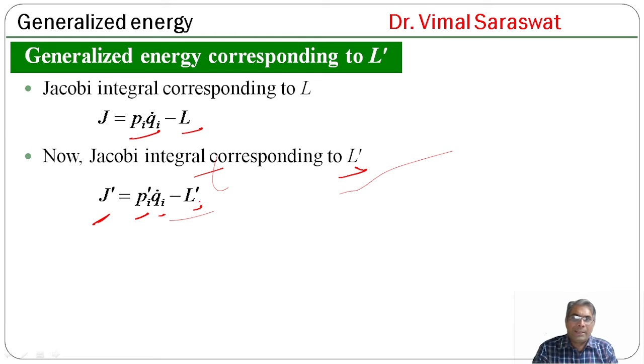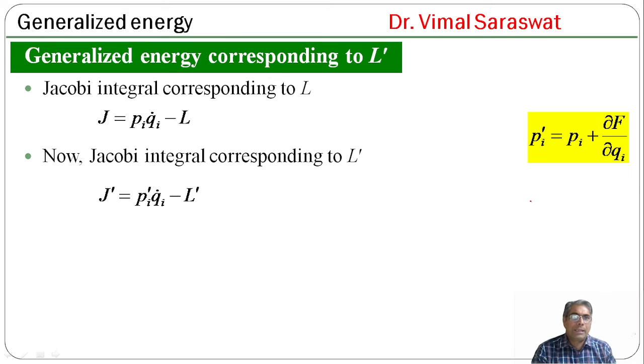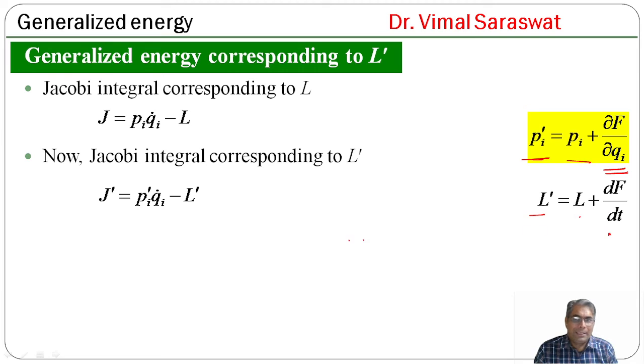So for the Jacobi integral corresponding to L', we replace this L with L', this Pi with Pi'. So the Jacobi integral corresponding to L' will be J', and this is given by this one. Since the generalized momentum corresponding to L', that is Pi', equals Pi plus ∂f/∂Qi, and L' equals L plus df/dt, we replace this L' with this one, and this Pi' with this one.